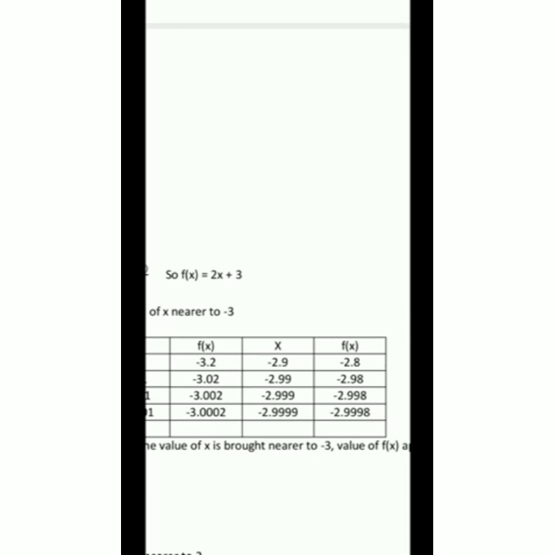Then minus 3 plus 0.001, we get minus 2.999, and the output comes down to minus 2.998. Minus 3 plus 0.0001, we get minus 2.9999, and the output comes down to minus 2.9998.